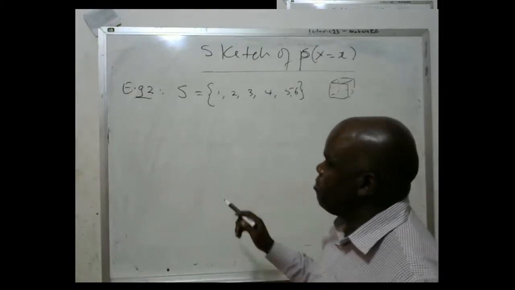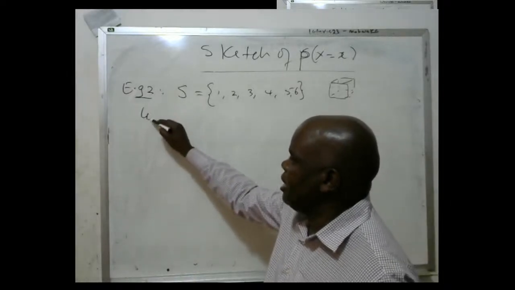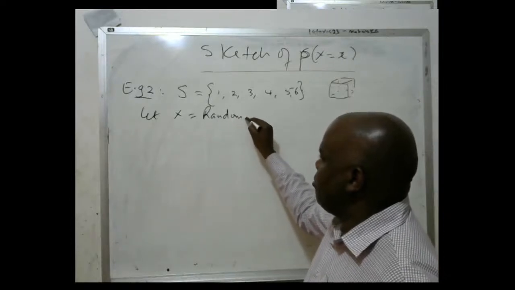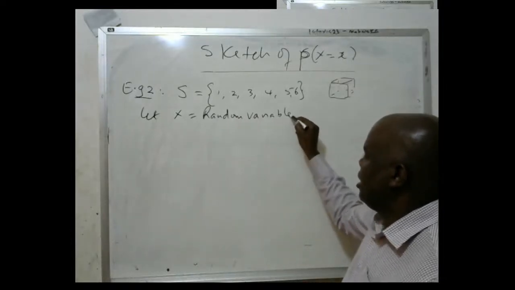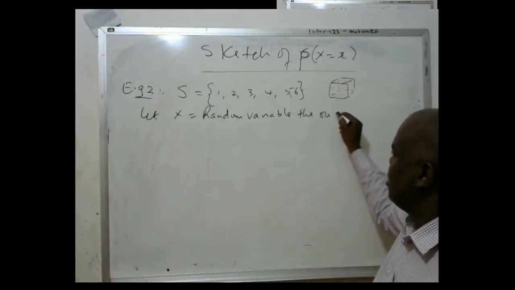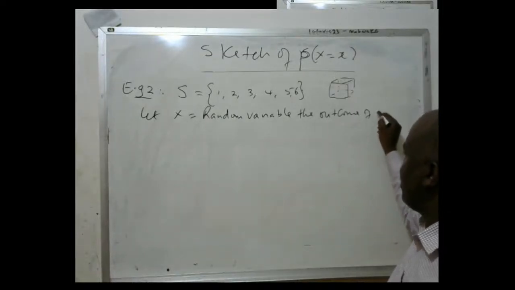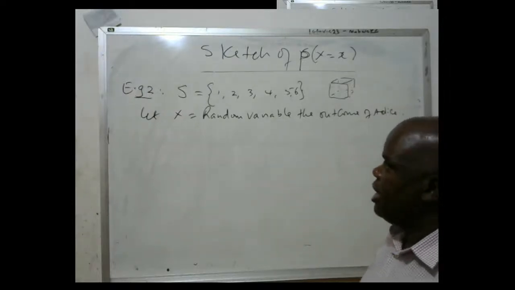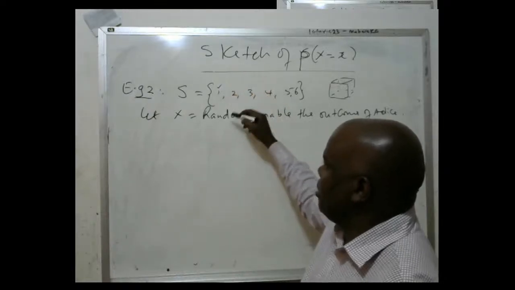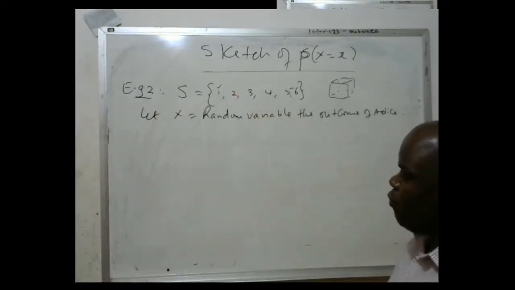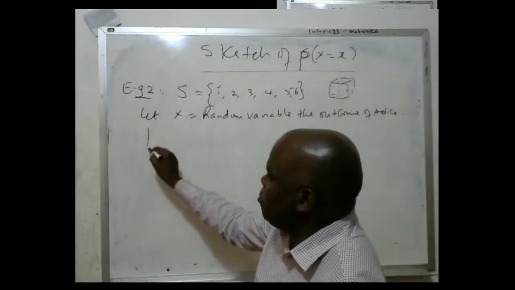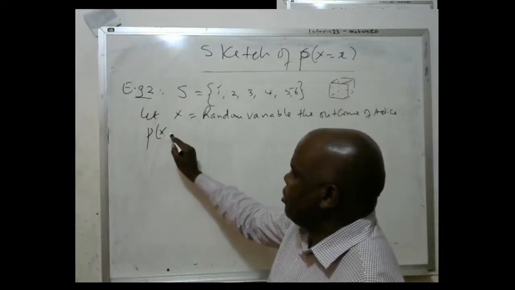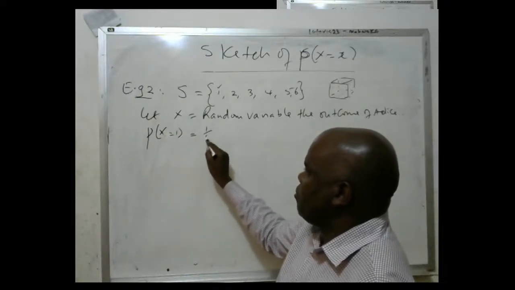So our random variable for this case, we can say let x be the random variable, the outcome of a dice. There can be an outcome which is a 1, there can be an outcome which is a 2. So the probabilities of the respective outcomes: the probability of you getting a 1 is 1 out of 6.